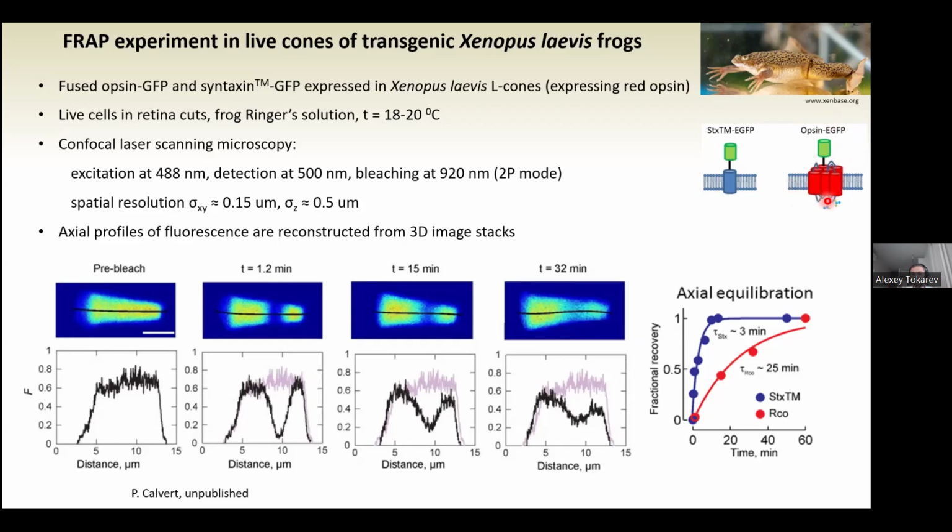Plus, there is also native rhodopsin which does not have GFP. So overall, we have a lot of rhodopsin without GFP, which is the native molecule.